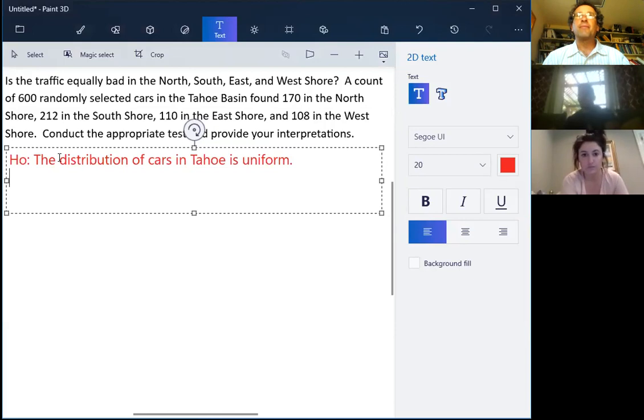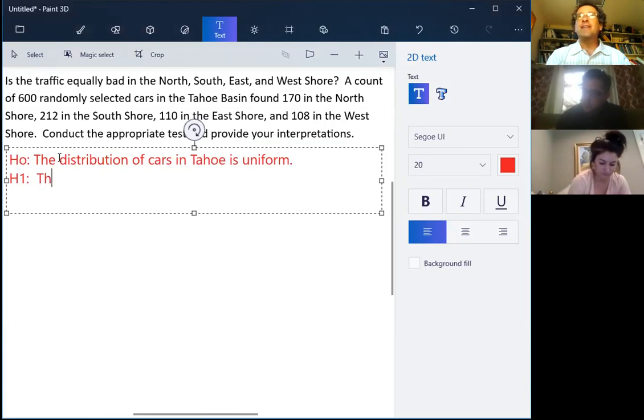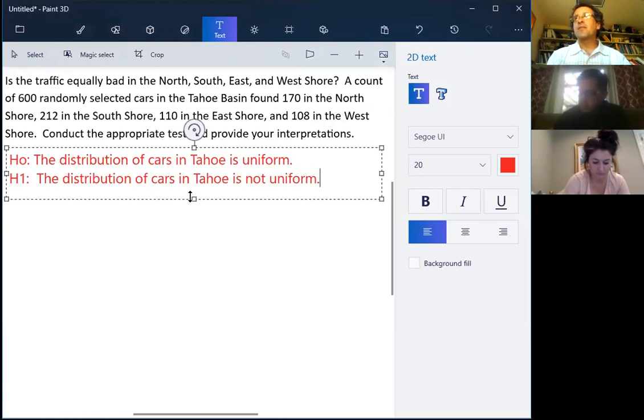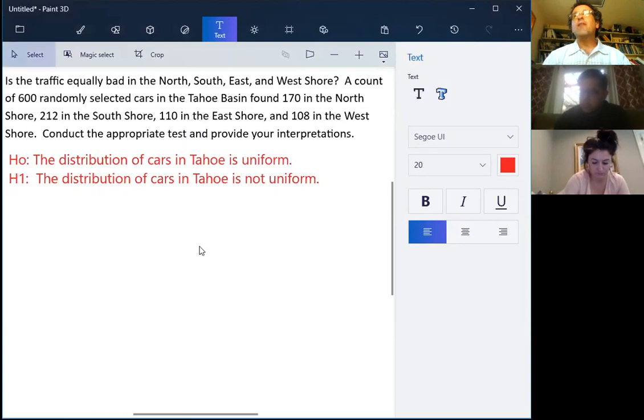Got it? So once you have H0, H1 is really easy, I promise. And that is the distribution of cars in Tahoe is not uniform. Any questions on that?